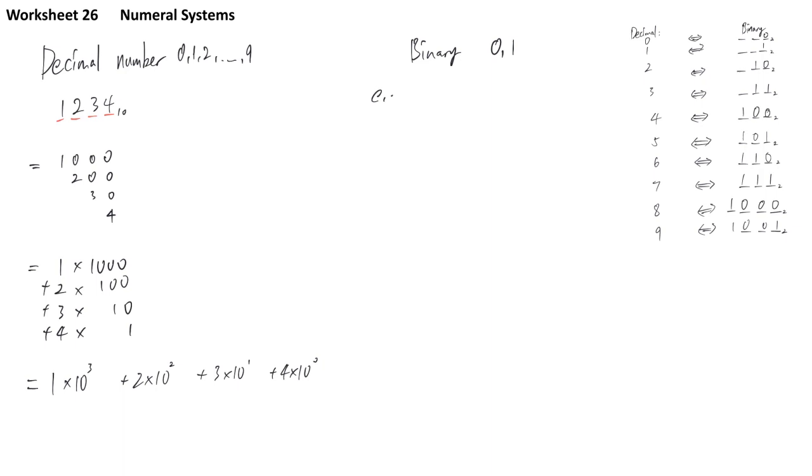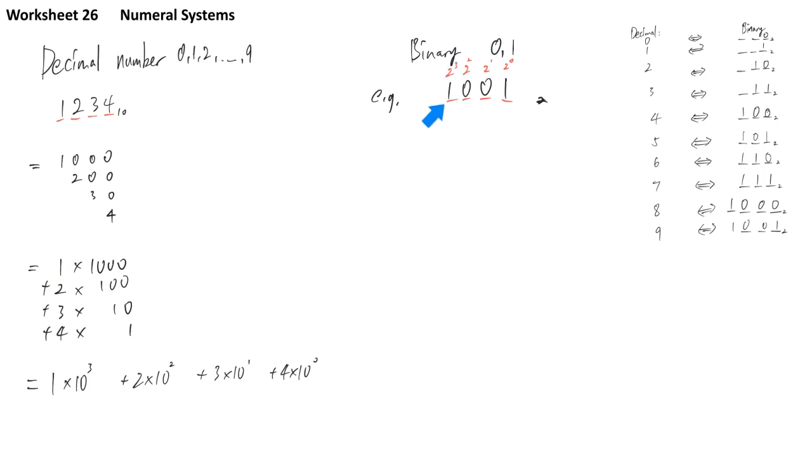So for example, we have a binary number, which is 1001. Just now we already know that 1001 represents 9. But how can we write this? First, it's about the power. The first digit represents 2 power 0, the second digit 2 power 1, the third one 2 power 2, and the last one 2 power 3.